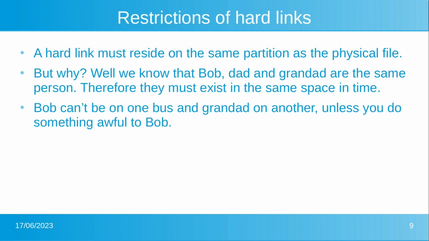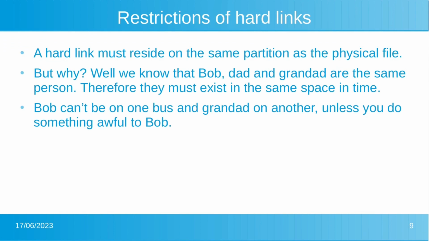There is a restriction to hard links. A hard link must exist on the same partition as the physical file. So if I have a file called bob.jpg and a file called grandad.jpg, they have to reside on the same partition. And you may wonder why that is. Well, if you think about Bob, Dad and Grandad, they are essentially the same person.